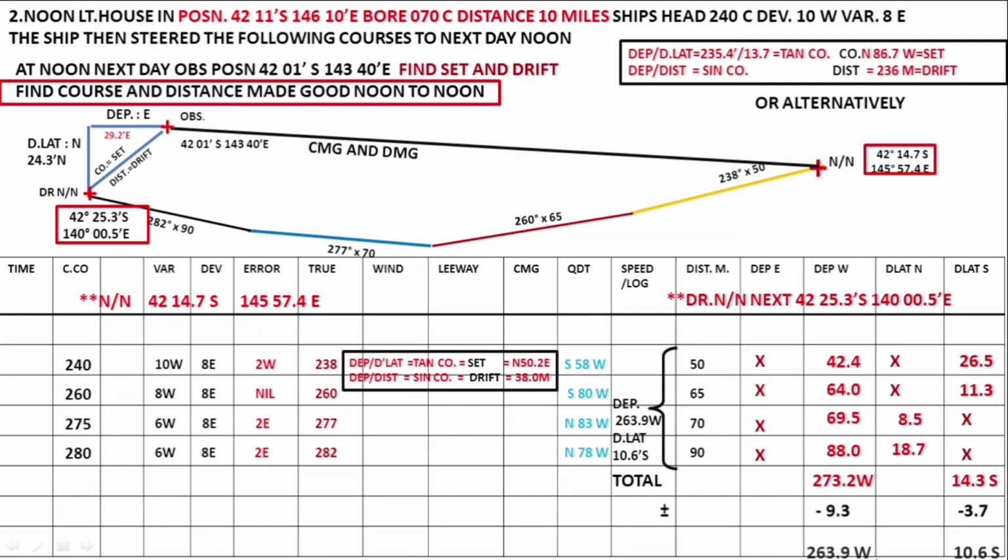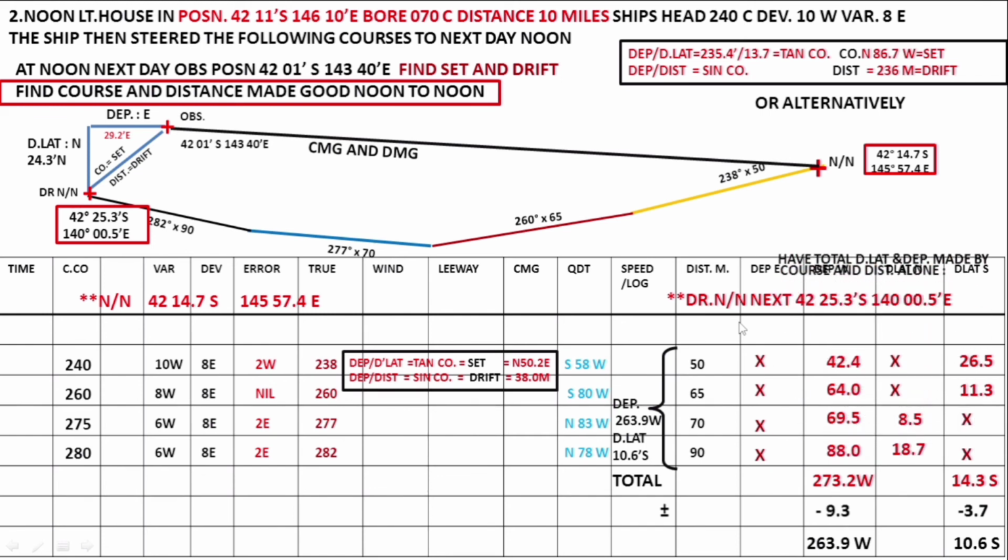And now this is my DLAT and departure right from here to this place, right? And this is what we have calculated right in the beginning. And that is why I said that I'm going to be following it up right up here. So this is what the ship has done from noon to noon without taking into account what the position is.